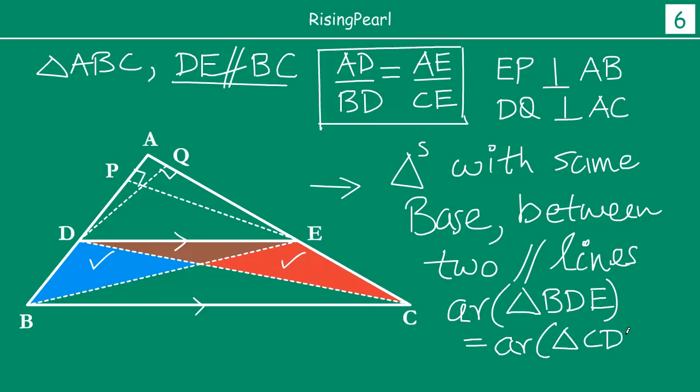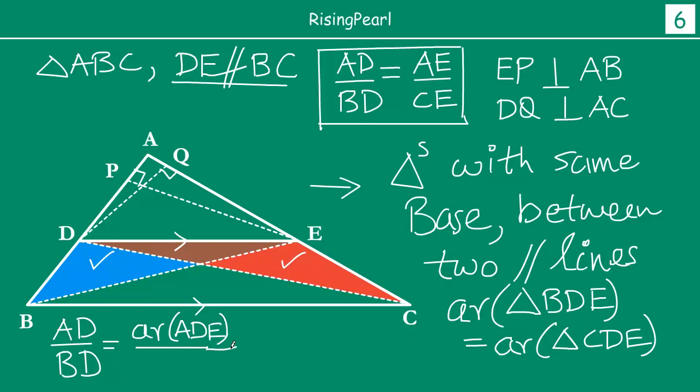CDE. So friends, if this is true, from our first equation, the ratio AD divided by BD is nothing but the area of triangle ADE, just omitting the triangle symbol here, divided by the area of triangle BDE.